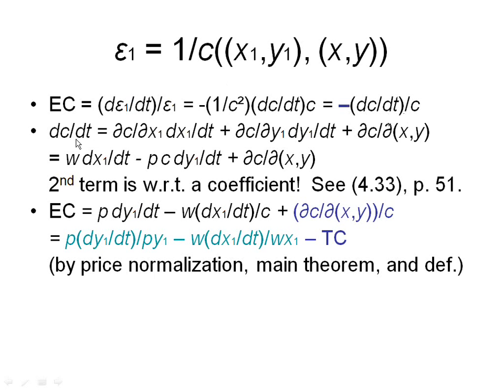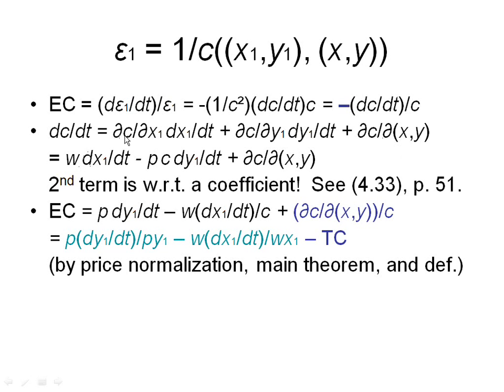And then I evaluate dc dt as I've just argued before. So I take the partial with respect to x1, chain rule, derivative of x1. I take the partial with respect to y1, chain rule, derivative of y1, and I take the partial of c with respect to the environment, xy.